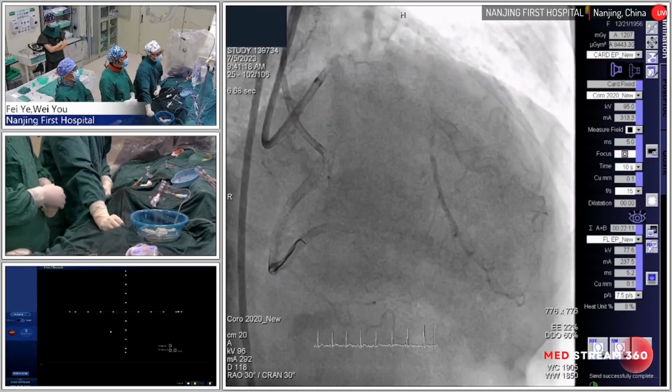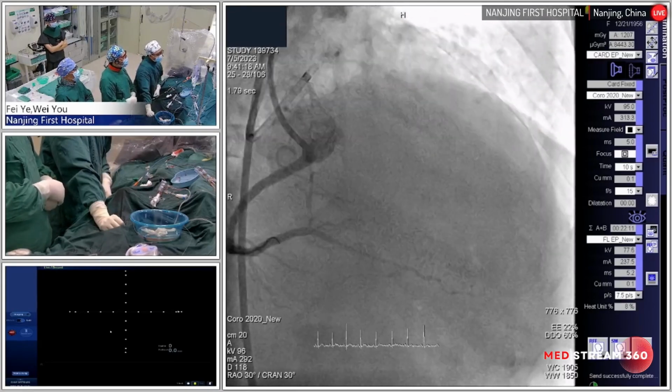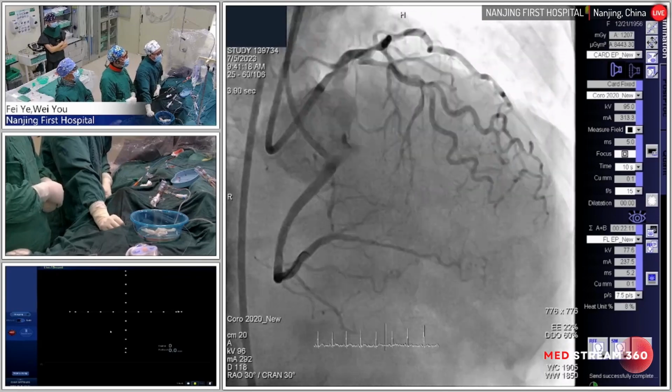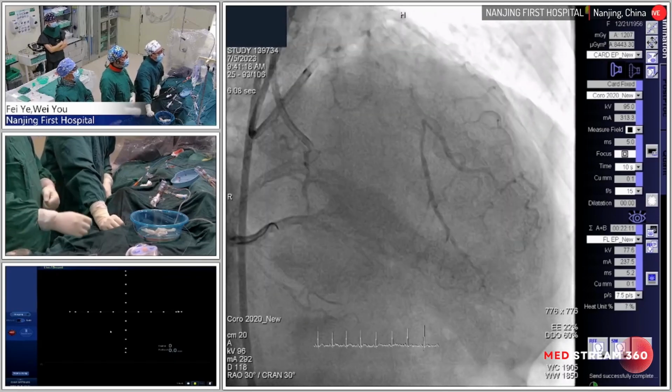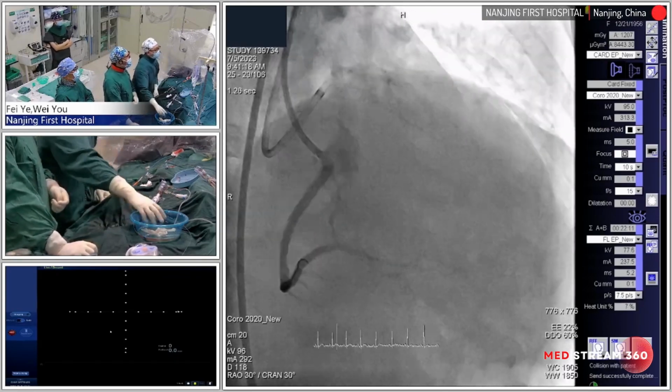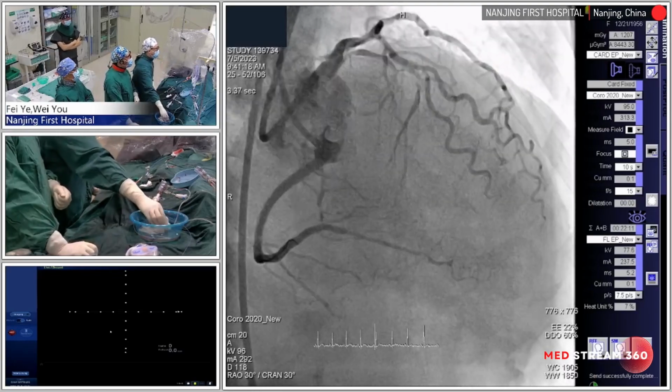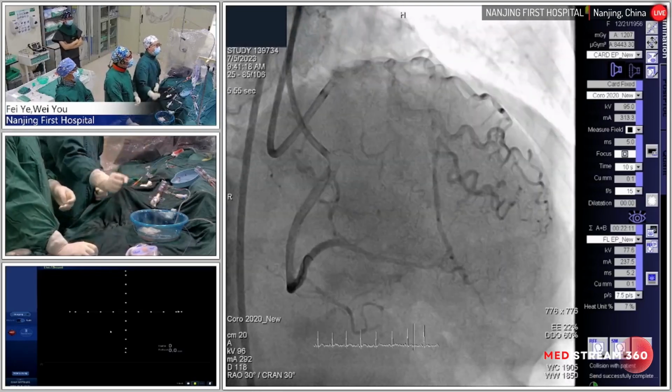The main collateral is ipsilateral, from the obtuse marginal to the second diagonal. It's also a common epicardial collateral for the left coronary occlusion.